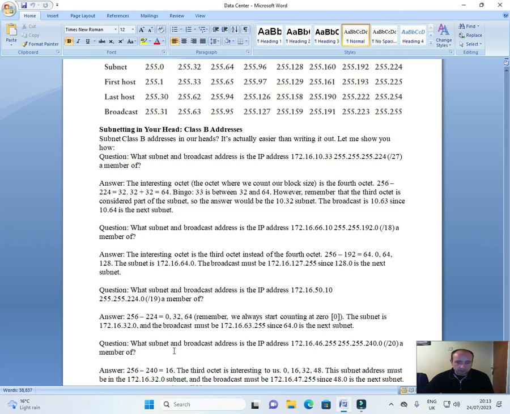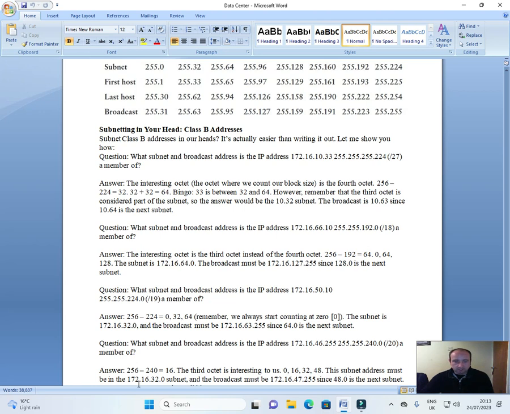Question: what subnet and broadcast address is the IP address 172.16.46.255, 255.255.240.0/20, a member of? Answer: 256 minus 240 equals 16. The third octet is interesting to us: 0, 16, 32, 48.